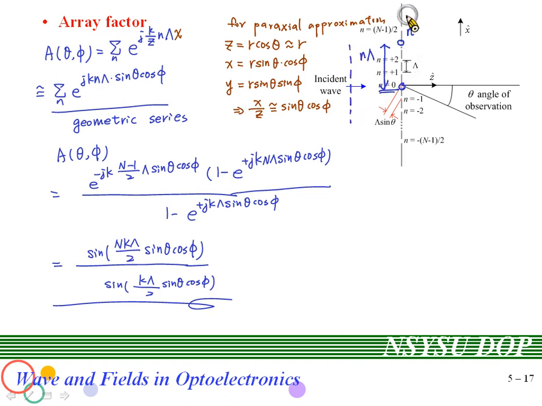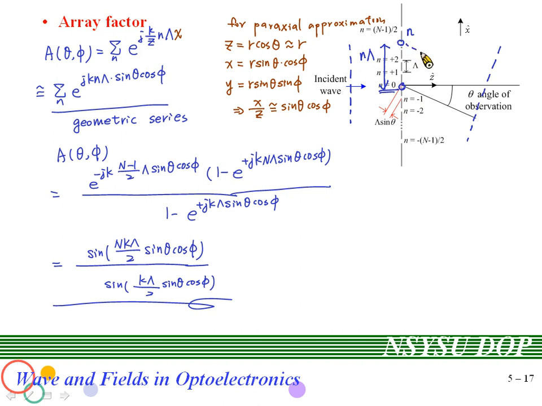And for a plane wave passing through the initial plane, we will have the field start from the center slit, and we will also have the field start from the slit of number n. And the observer here will receive the field both from the center slit and the number n slit.